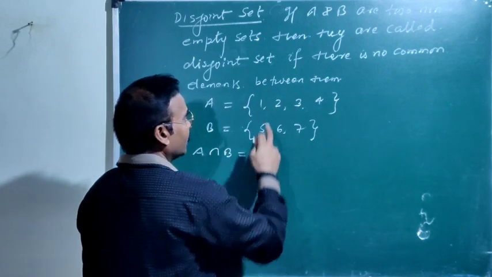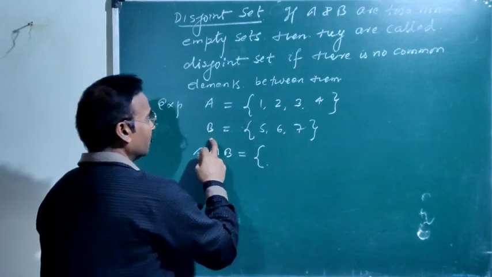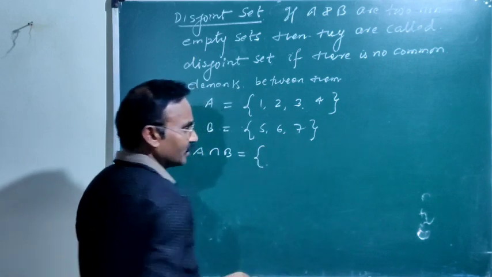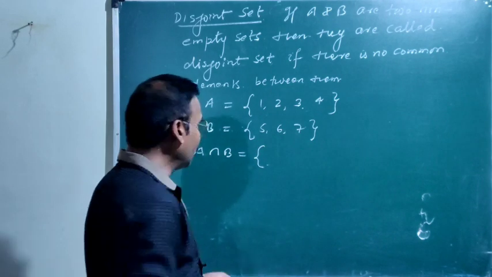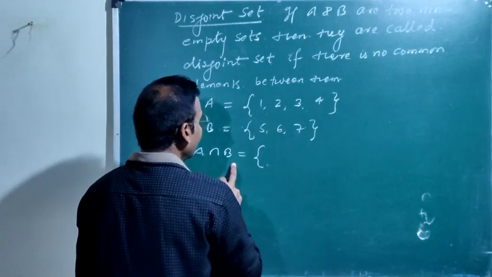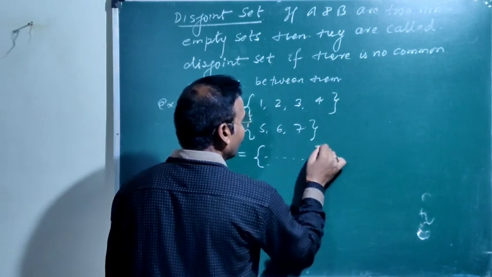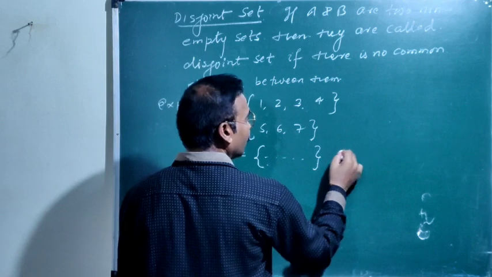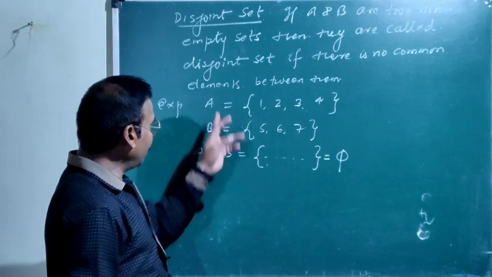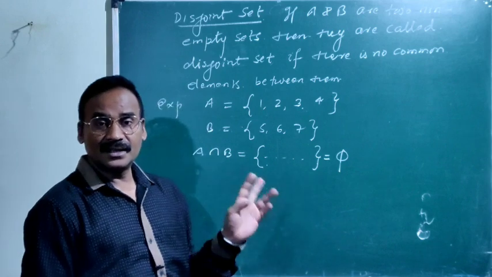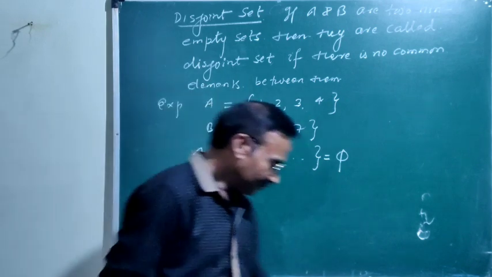A has 1, 2, 3, 4 and B has 5, 6, 7. There is no common element between them. So A intersection B is an empty set. So we can say that A and B are called disjoint sets.